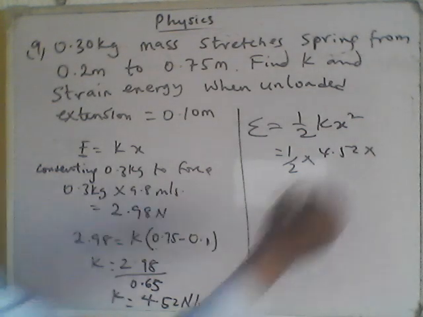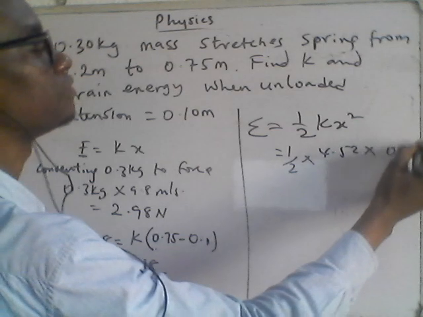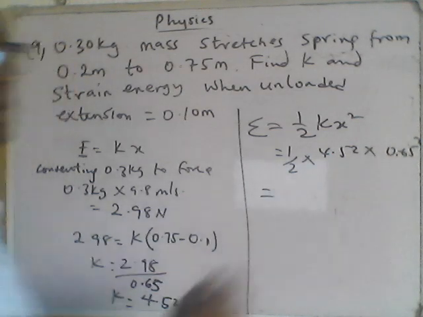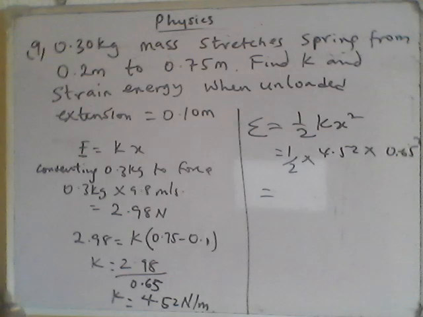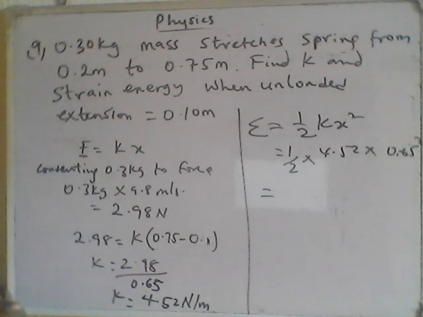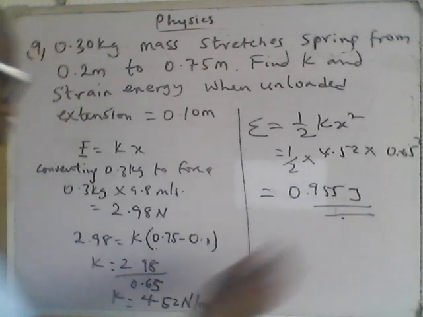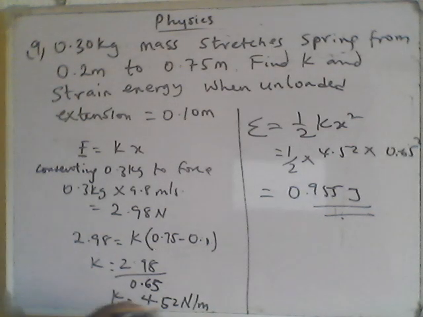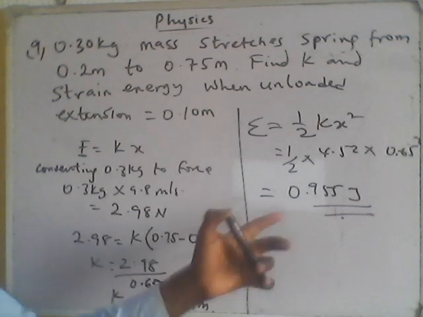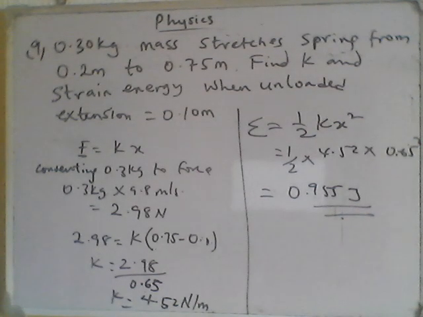The extension x is 0.65 squared. So by the time we compute the math, we're going to be getting 0.955 joules. So this is the K constant, and this is the strain energy, rounded. Okay, so the next question.